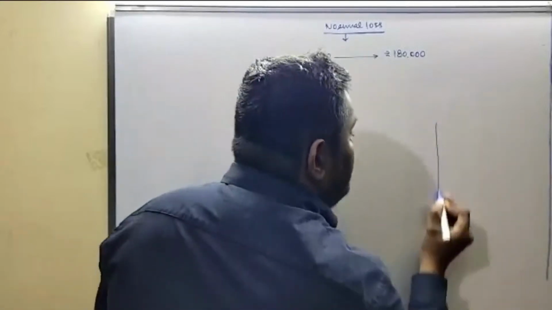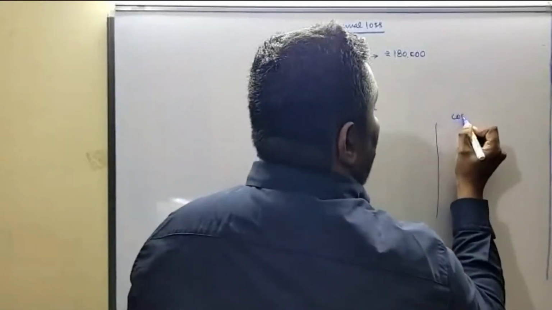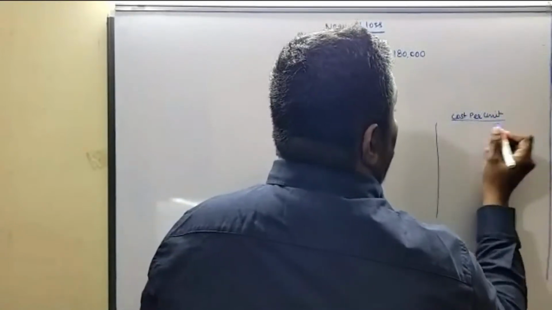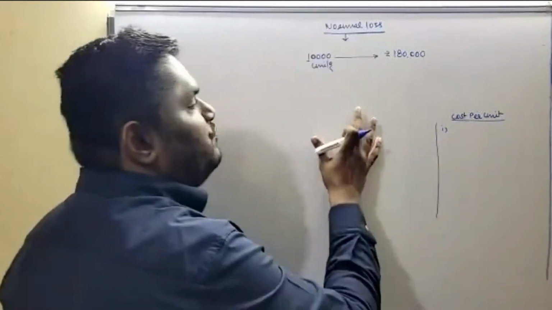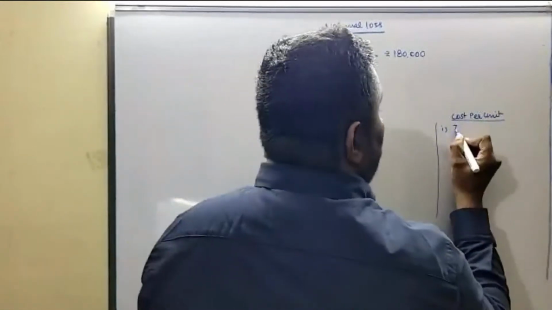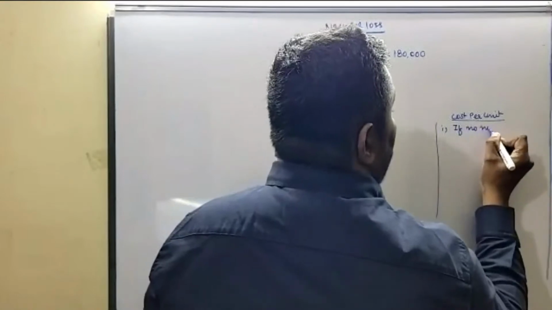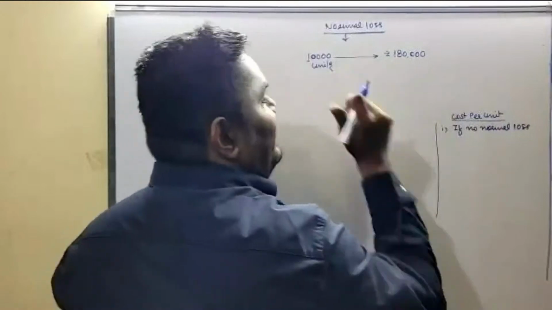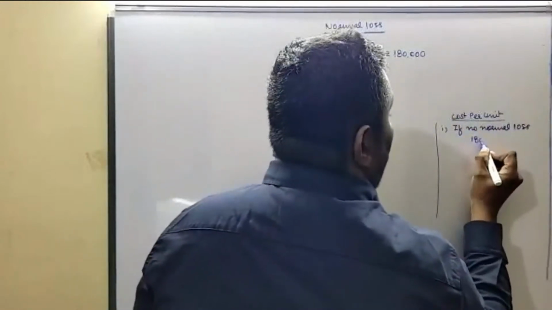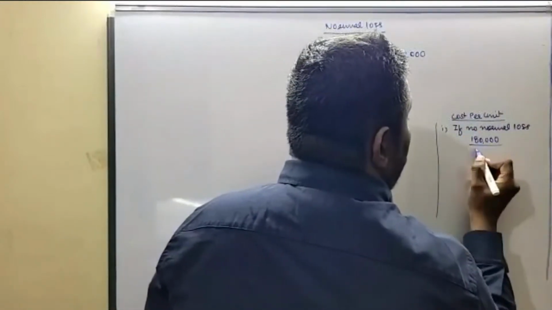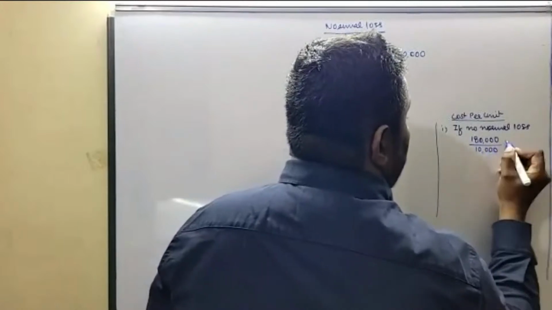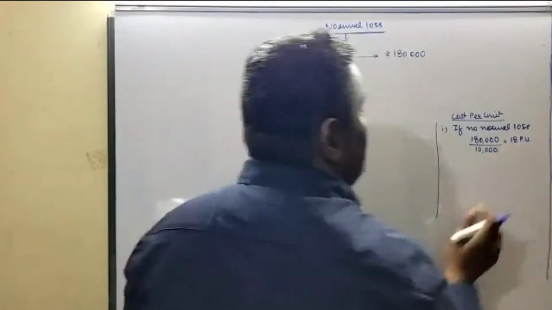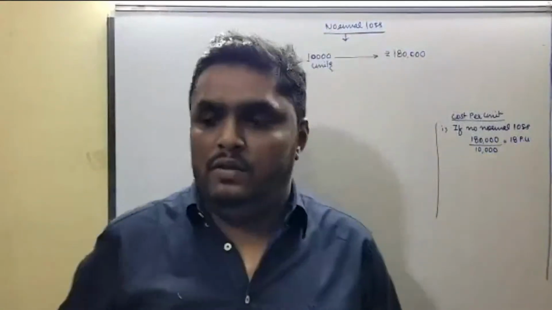So, how much will be my cost per unit if there is no normal loss? Very simple. 1,80,000 divided by 10,000. So rupees 18 per unit will be my cost per unit.